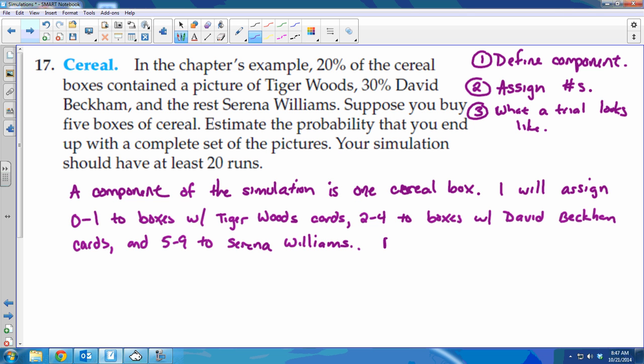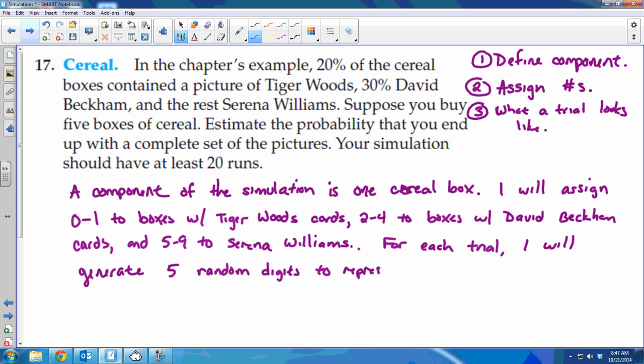So for each trial, I will generate 5 digits to represent the 5 boxes of cereal.